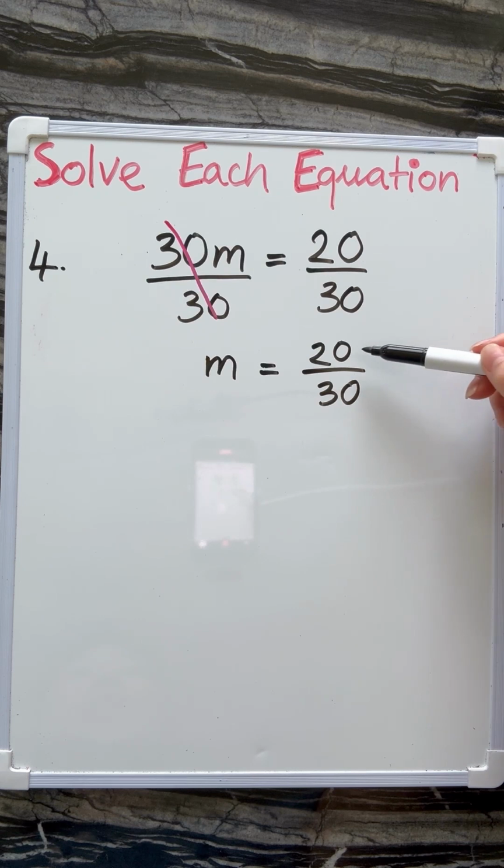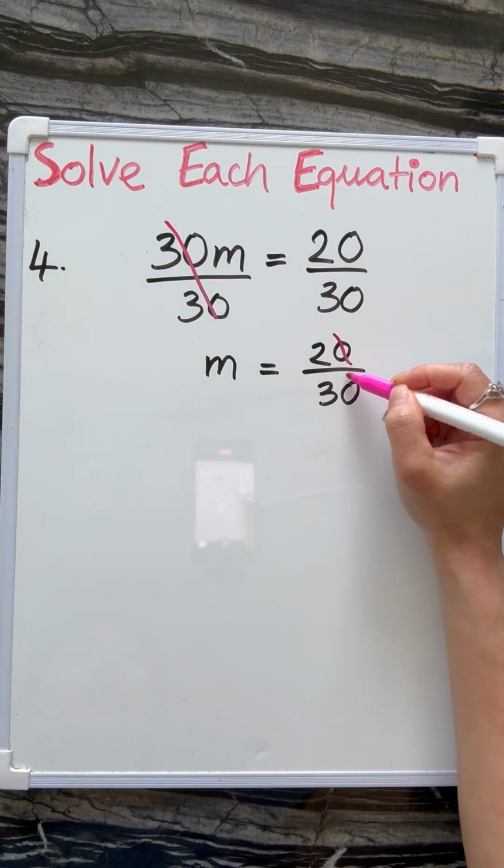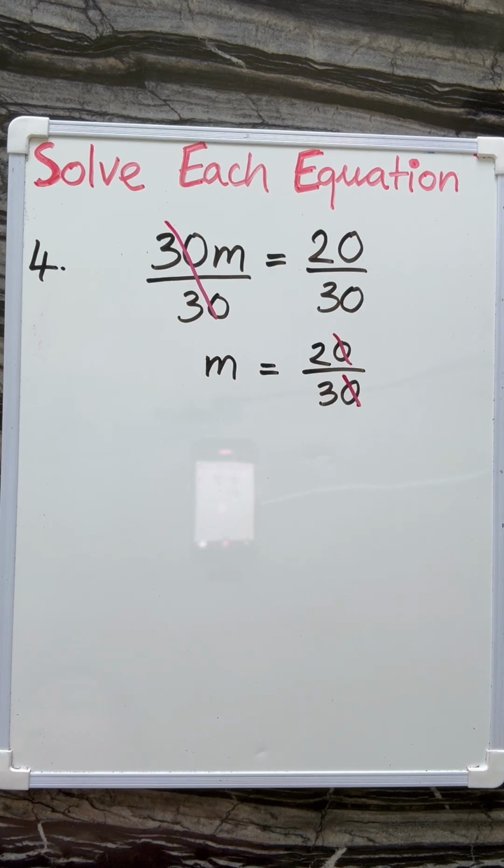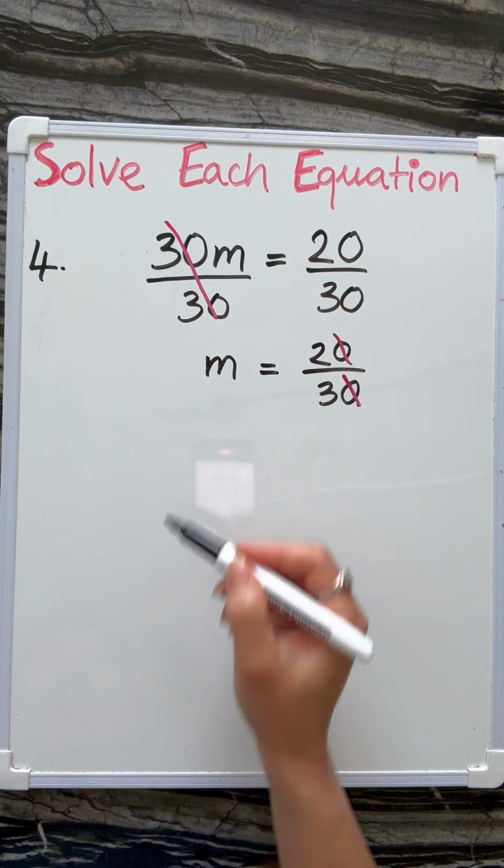We can simplify 20 over 30 by canceling the common factor of 10, which gives us 2 over 3.